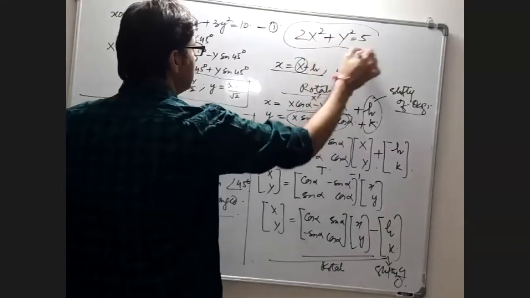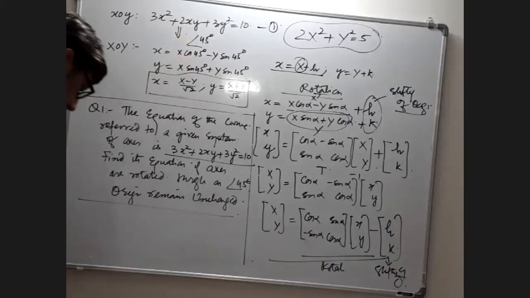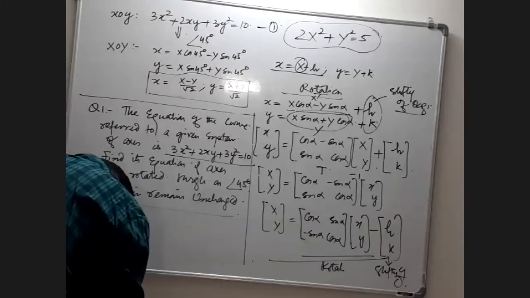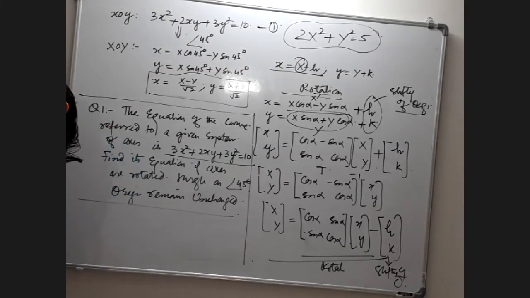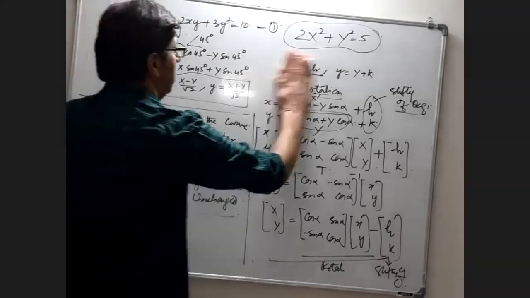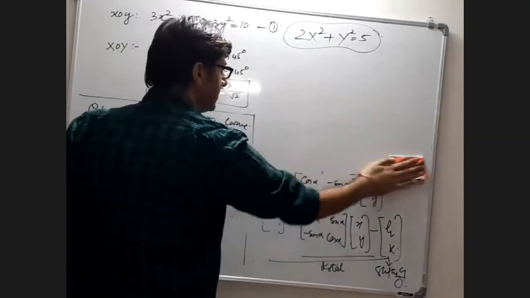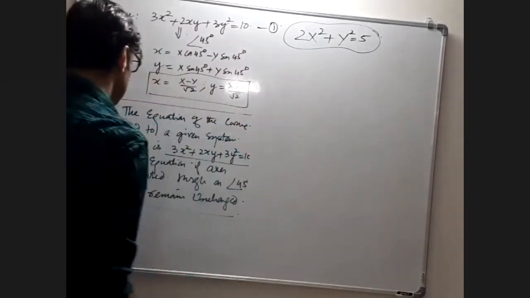Absolutely correct. So this is the equation, this is the transformation. This is the transformation under what? Rotation of axes through an angle of 45 degrees. So this is indeed the answer for the question that I have already spoken to you.